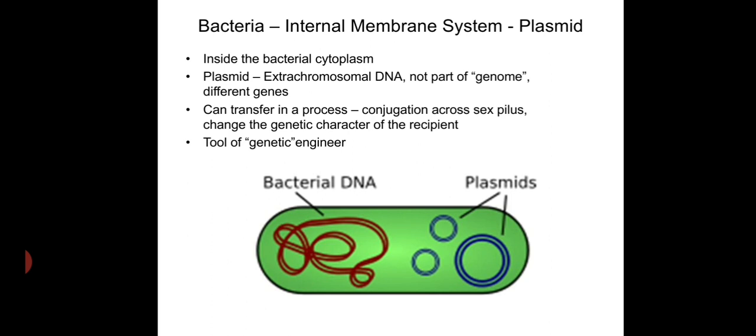Plasmids can be exchanged between cells and thus form a vehicle for the transfer of genes. In biotechnological applications, these plasmids play the role of vectors that transfer genes into prokaryotic cells.